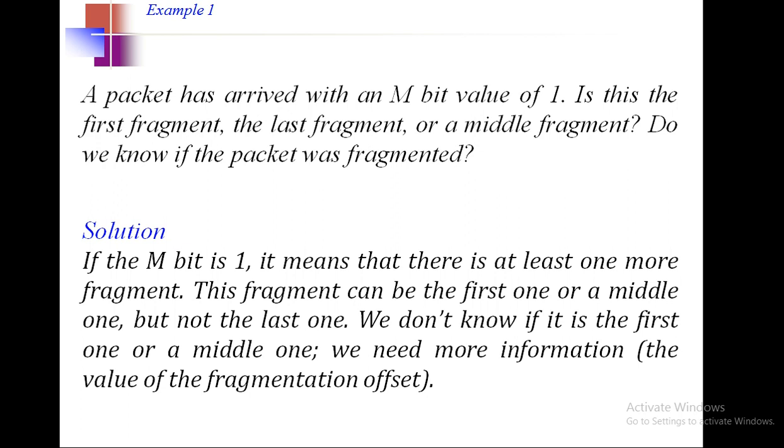This fragment can be the first one or the middle one, but not the last one. We can say it is the last one only when m is equal to 0. Because m is not equal to 0, we cannot say that it is the last one, and we don't know if it is the first one or the middle one. We need more information to decide, and we cannot know the offset either.